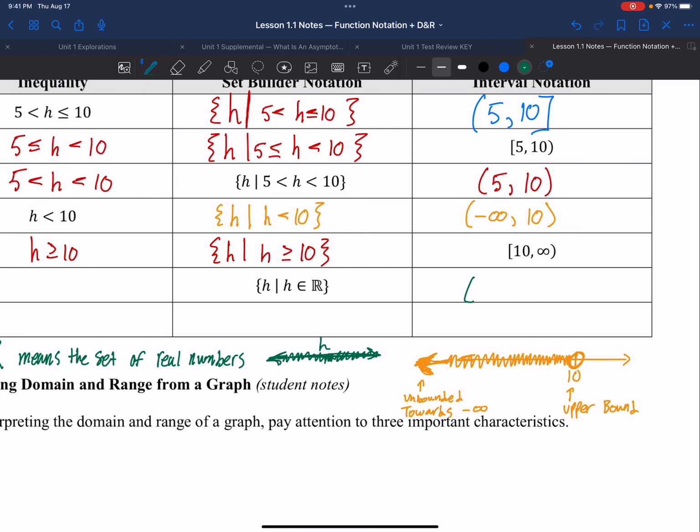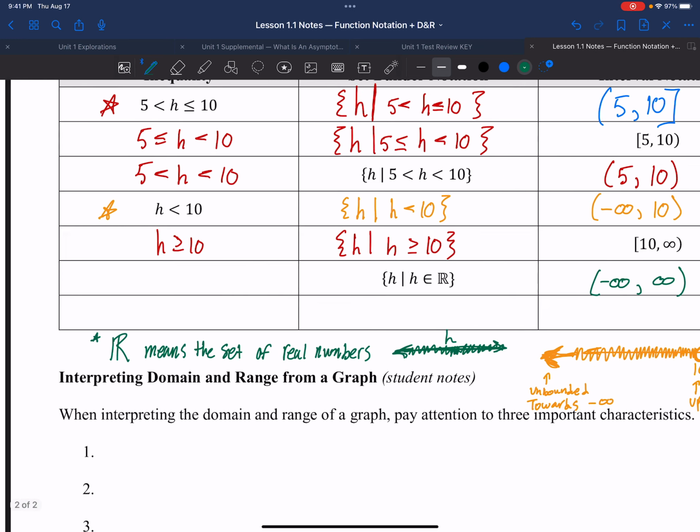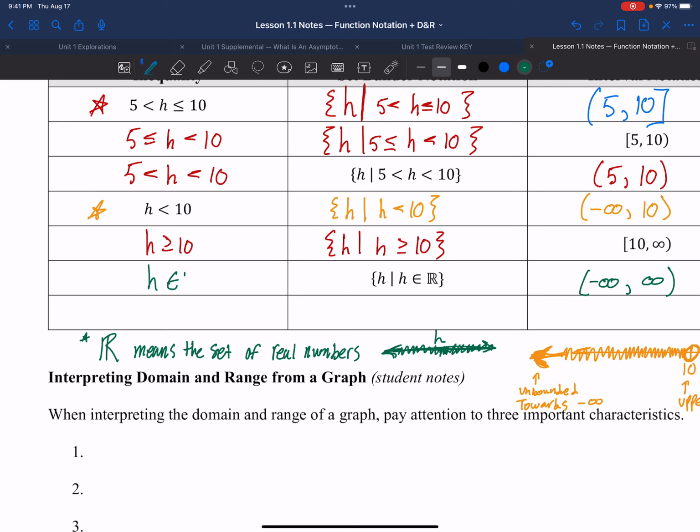It extends to negative infinity towards the left, and it extends towards positive infinity on the right. And so whenever you see parenthesis negative infinity, comma, infinity, that means all real numbers. This is another way of writing that. And over here you can just say h is a real number. Okay, so that's that one.